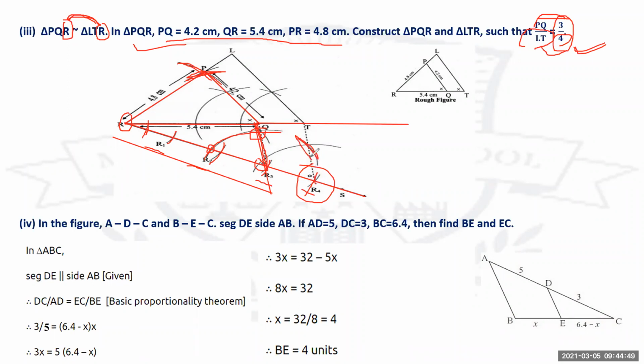And you'll join that line with the line segment which you had extended. And again, a copy of angle Q would be drawn here at point T. And then you'll extend the line.